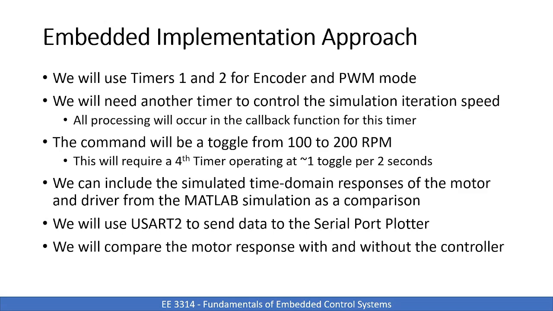If we use our p-value controlling the PWM, then that's basically closing the loop of our control system. But if we just want to look at the step response of just the motor and the driver, we can just use the actual command, this 100 to 200 RPM. We can just output that in PWM, and that'll give us our motor step response without any control. So we'll look at it a couple different ways so that we can get a good feeling, make sure we've got the motor modeled correctly, make sure everything kind of lines up.